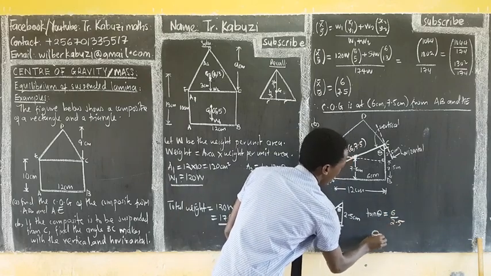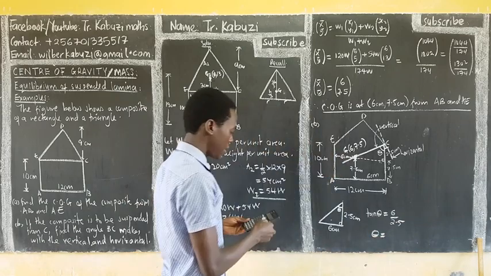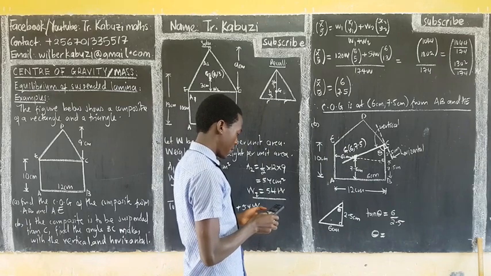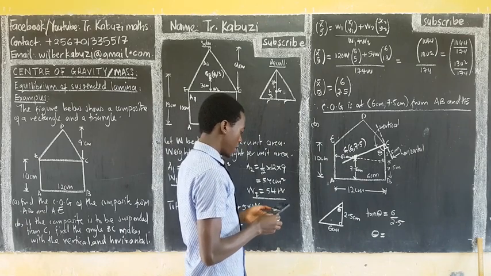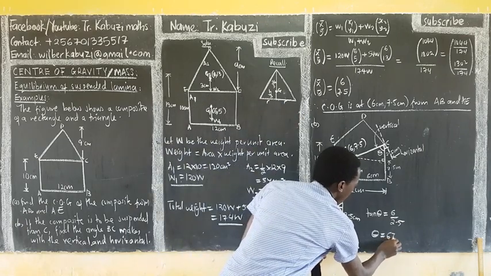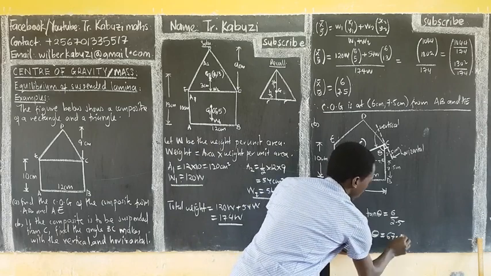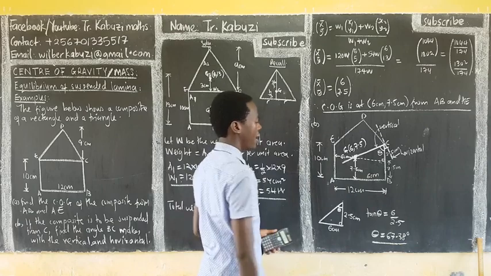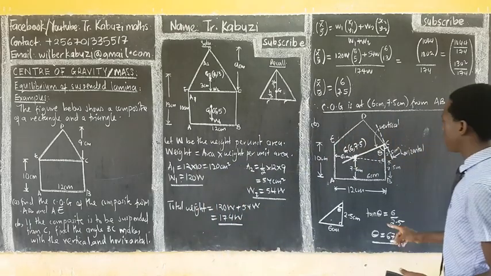So my theta is 67.38 degrees. Now this is the angle for the vertical.